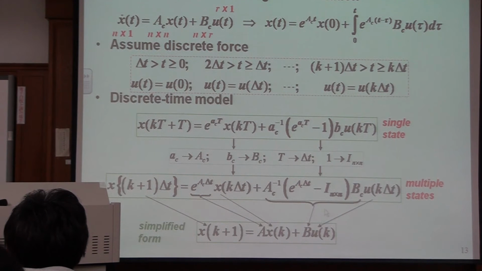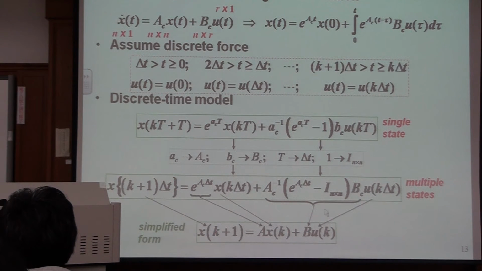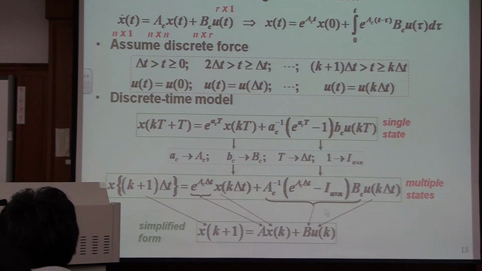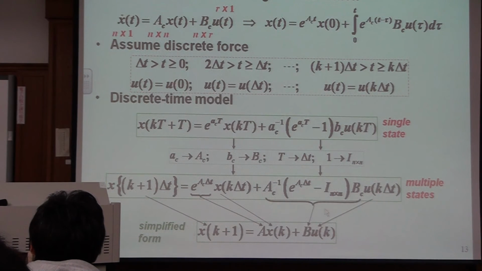Go ahead. What is the determinant of AC? 0. That means AC inverse what? Does not exist. Right? Agree?